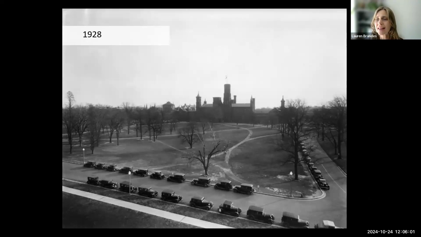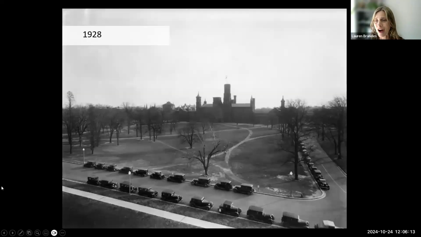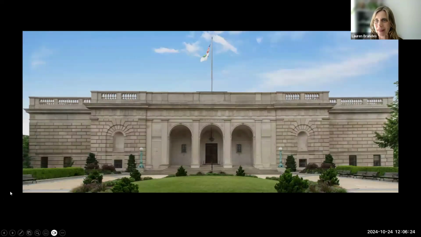But this is what it looked like around the time period where the Freer Gallery was built. The National Museum of Natural History opened about 10 years prior to that. So there were a lot of changes going on in this whole area with the development of the museums there. Go ahead, next slide. And I'll pass it back to Diana to talk a little bit more about the actual building of the Freer Gallery and the works there.